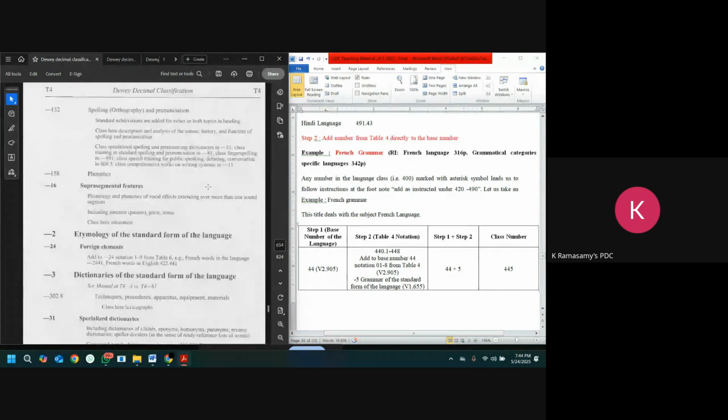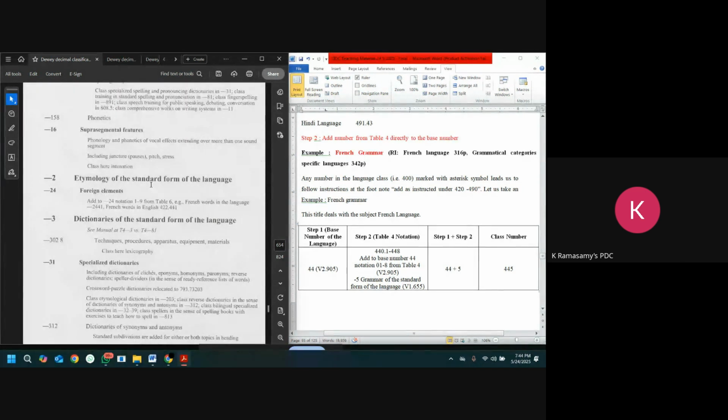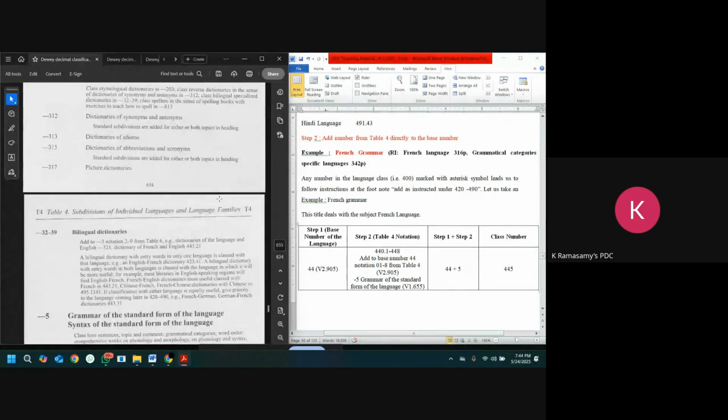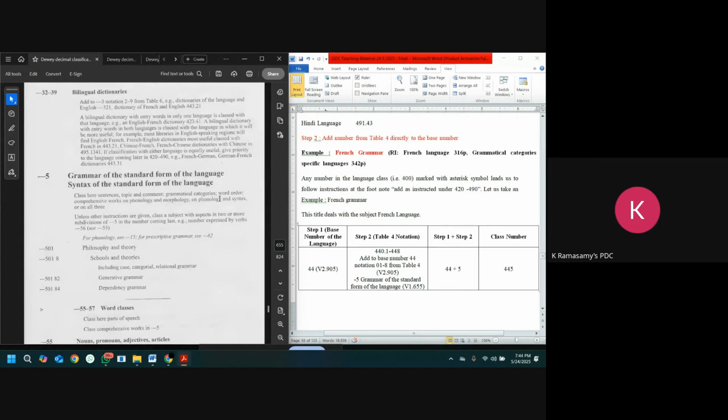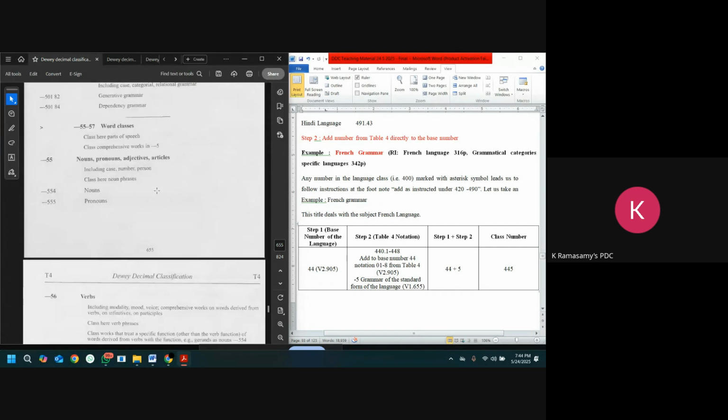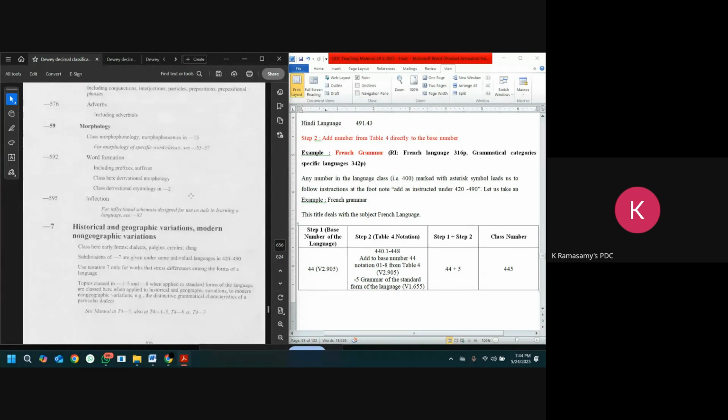Number 2 stands for etymology, especially foreign elements. Number 3 stands for dictionaries, bilingual dictionaries. Normally we have in the library a Tamil English dictionary, English Tamil dictionary, Tamil Kannada dictionary, bilingual dictionaries, and grammar or verbs, morphology, grammar.